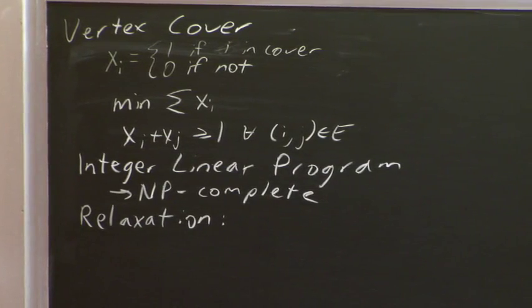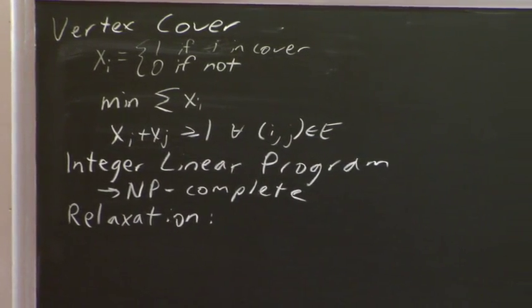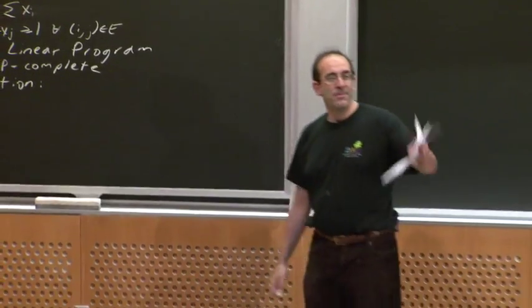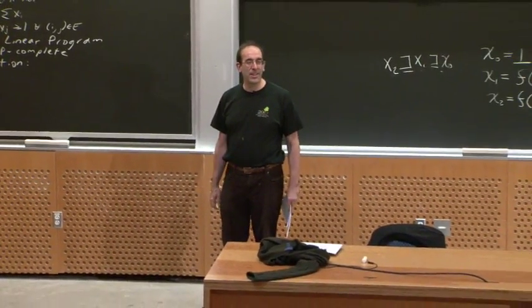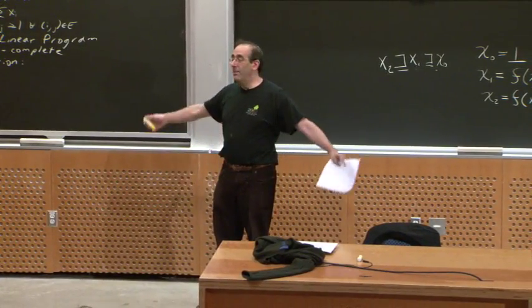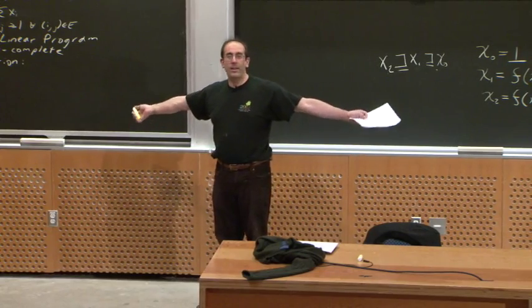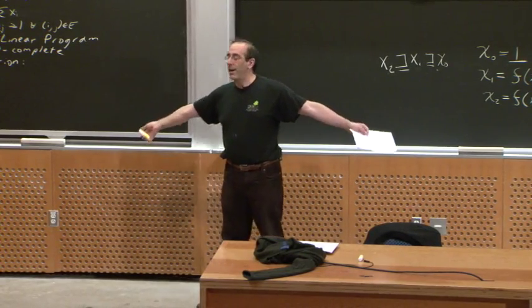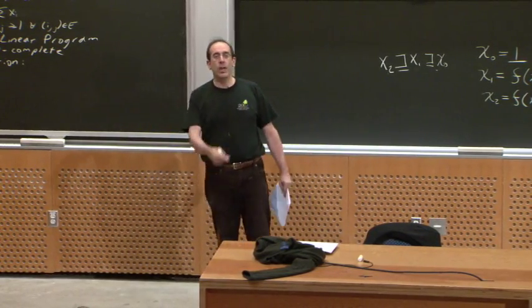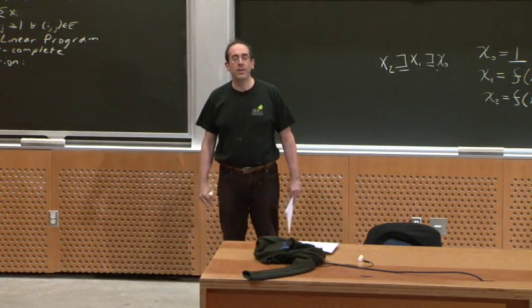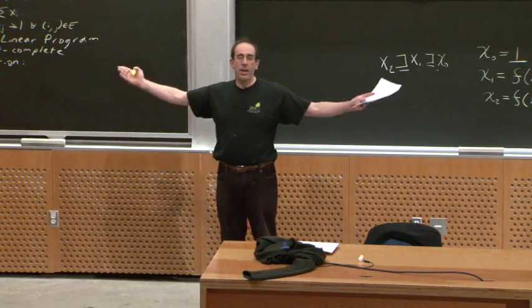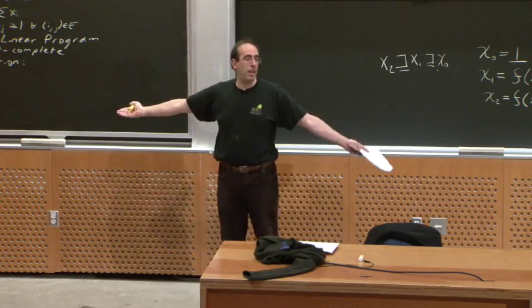So what should I do to this integer linear program in order to make it tractable? Have the xi be greater than or equal to 0? That's not quite enough. Or sorry, in this case it will be, but more generally, what might I want to do? Between 0 and 1? Yes. So instead of saying 0 or 1, I say between 0 and 1.